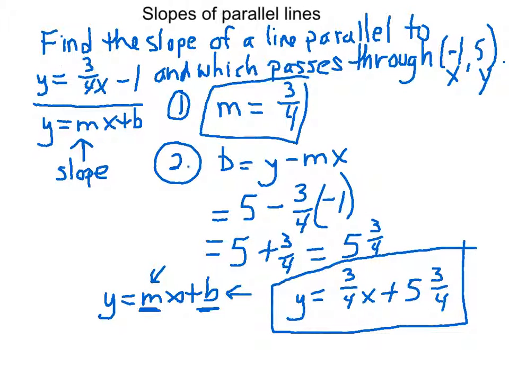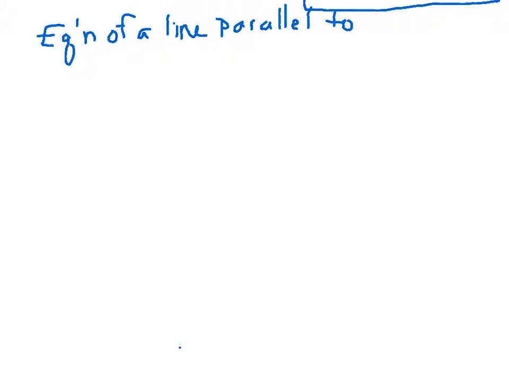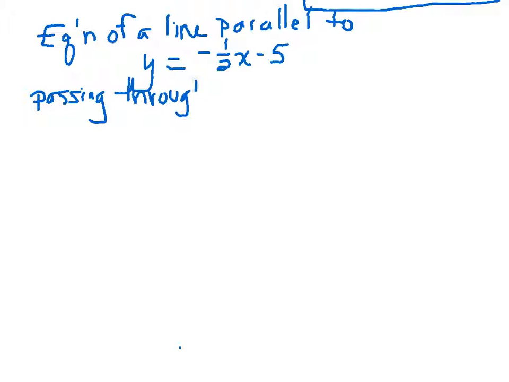Alright, let's try another example. Let me just slide this up, get it out of our way. Alright, let's find the equation of a line parallel to y equals -1/2 x minus 5, passing through the point, how about -4, 3?